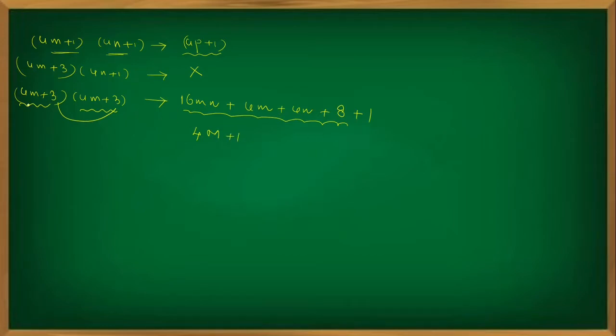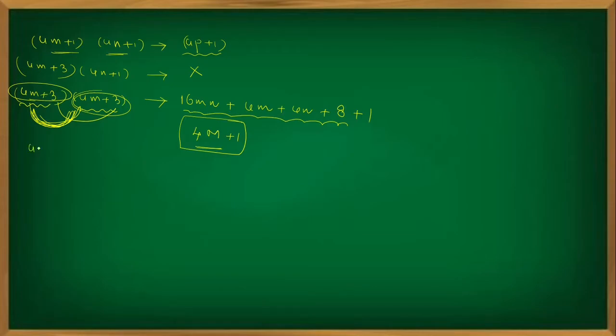So if you take two divisors of the form 4m plus 3, the resulting divisor will be of the form 4p plus 1. So you can take a combination of two divisors of the form 4m plus 3. Now you can take a combination of four divisors of the same form.